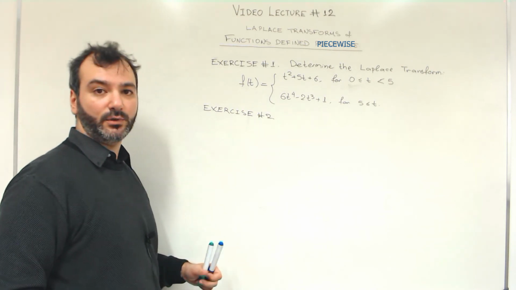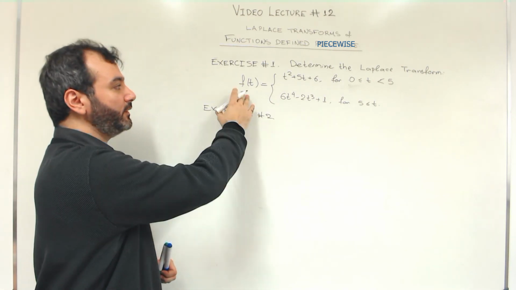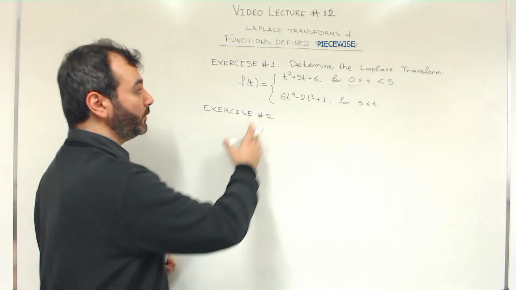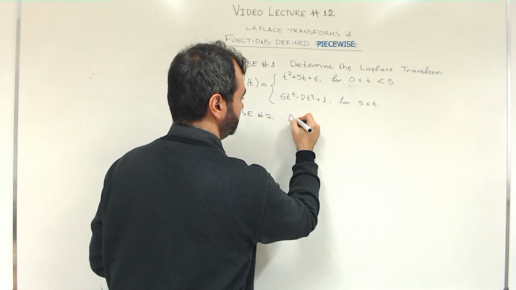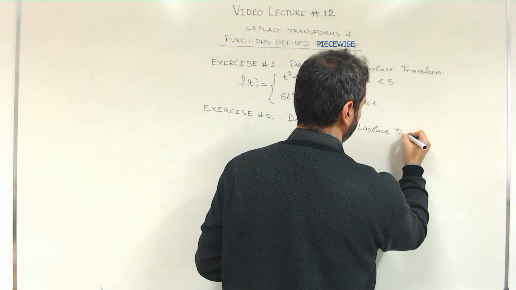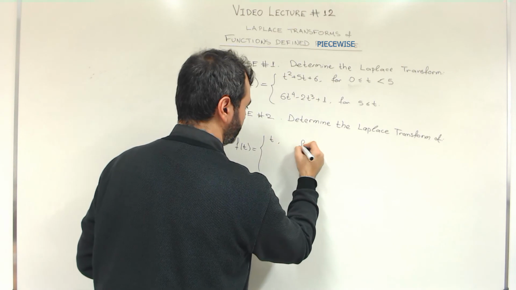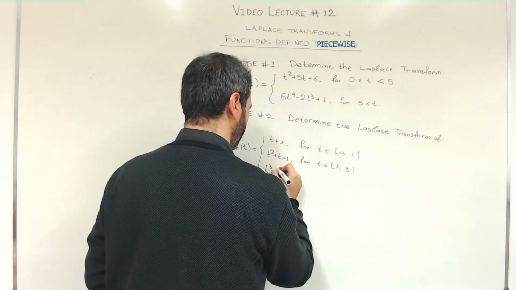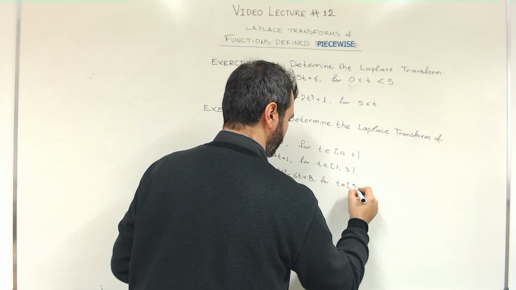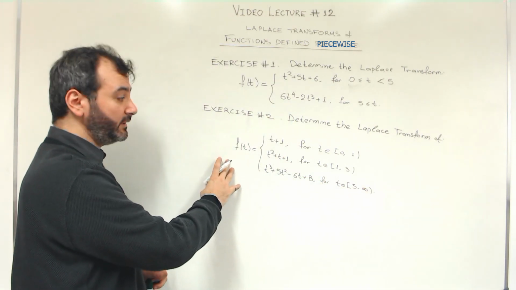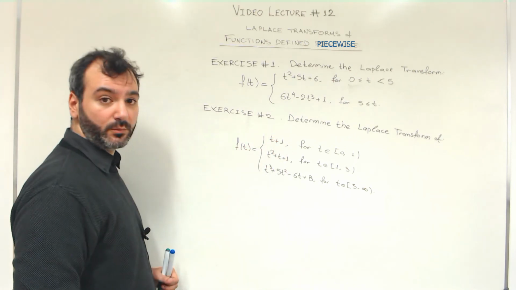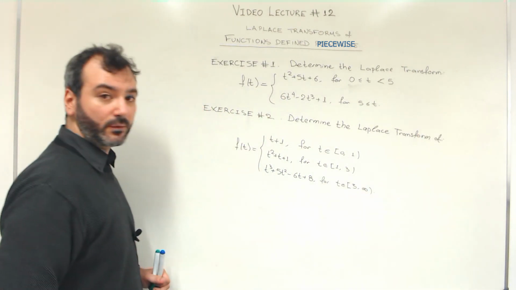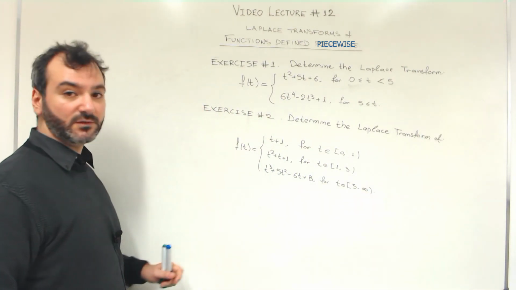And exercise number 2, nothing stops us from determining the Laplace transform of functions with multiple branches. So here we have a function defined in 3 separate pieces. So from 0 to 1, from 1 to 3, and from 3 up to infinity. So what is the Laplace transform of this function?